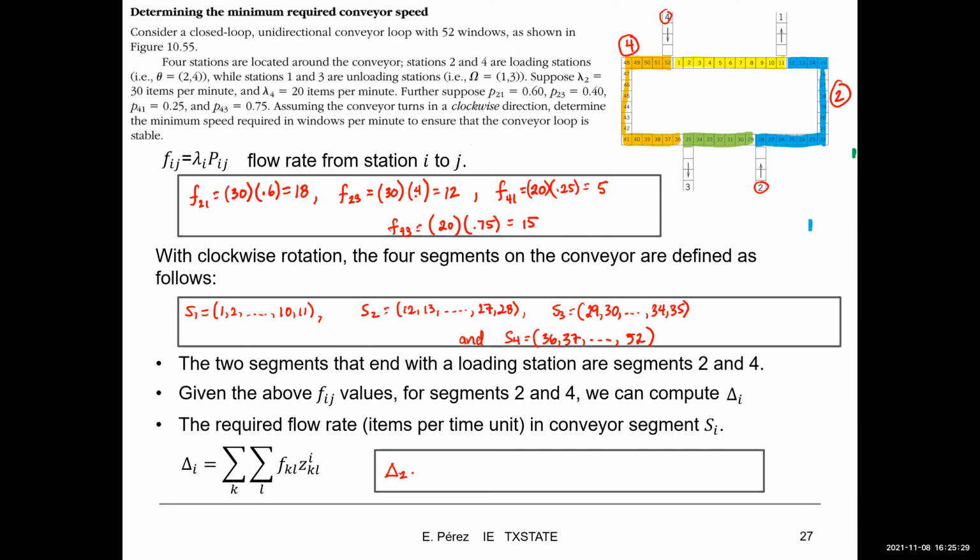So what we're going to do here is look at the flow that is happening between these 2 in these segments. Okay, so if I look at segment 2, the flow rate which goes in this direction.